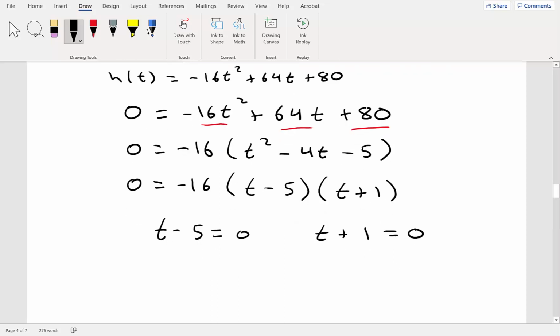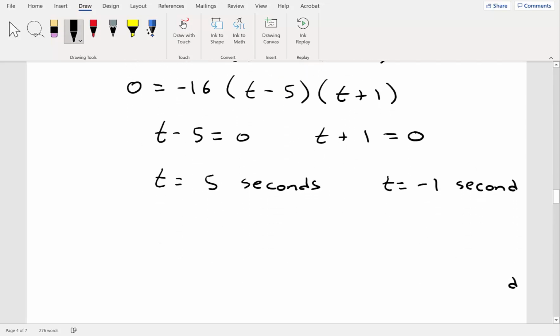Now if we solve for each one of these equations, we get t is equal to 5, let's use our units here, 5 seconds. And we have t is equal to -1 second. Now, always make sure that your answers make sense with the context of the problem. Since we're dealing with time here, there's no way that time can be negative.